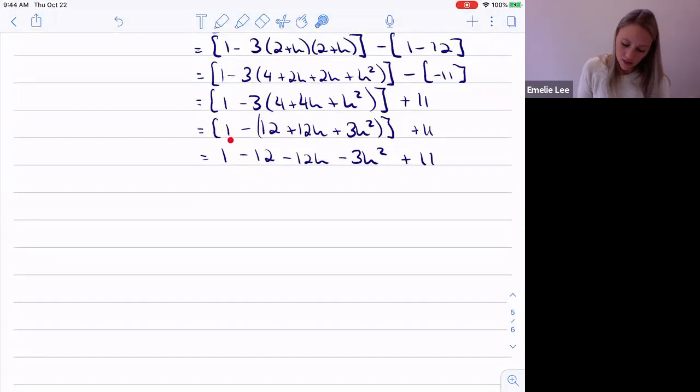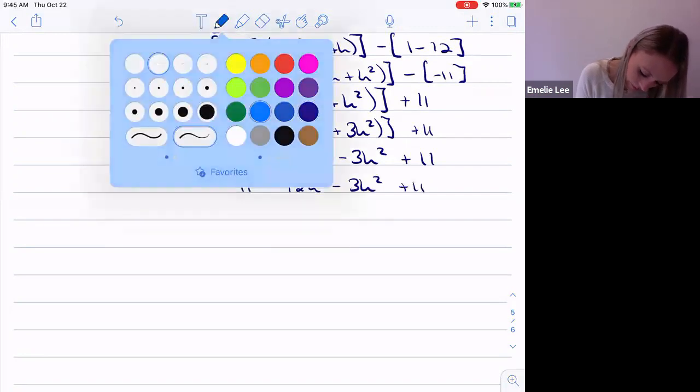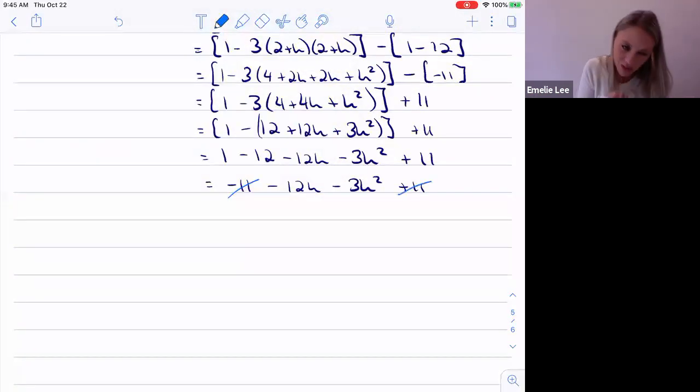So now I've got 1 minus 12 plus 11. 1 minus 12 is negative 11 plus 11. So I get negative 11 minus 12h minus 3h squared plus 11. But just to highlight, negative 11 plus 11 goes away. So now I've just got negative 12h minus 3h squared.